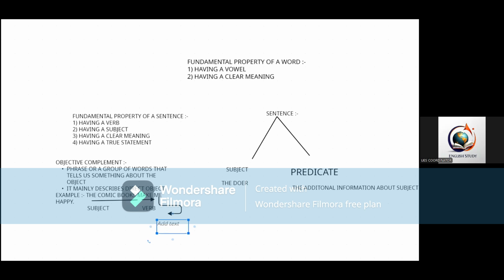Which one? Happy. Happy is our objective complement. Done. So here comes our hard work, and we are done with it, everyone.